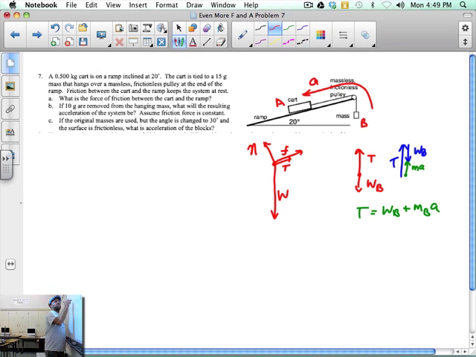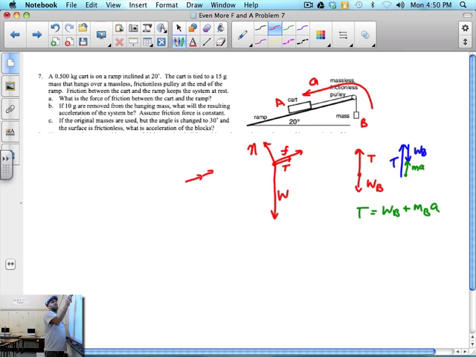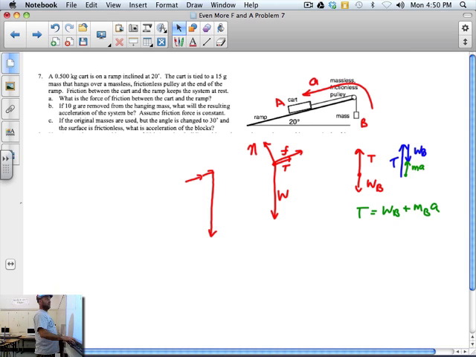I can do my vector addition diagram for system A. I got friction. I got tension. Now I'm going to make these a little smaller. I think they're a little long. Right? I've got weight going down. They're still too long.